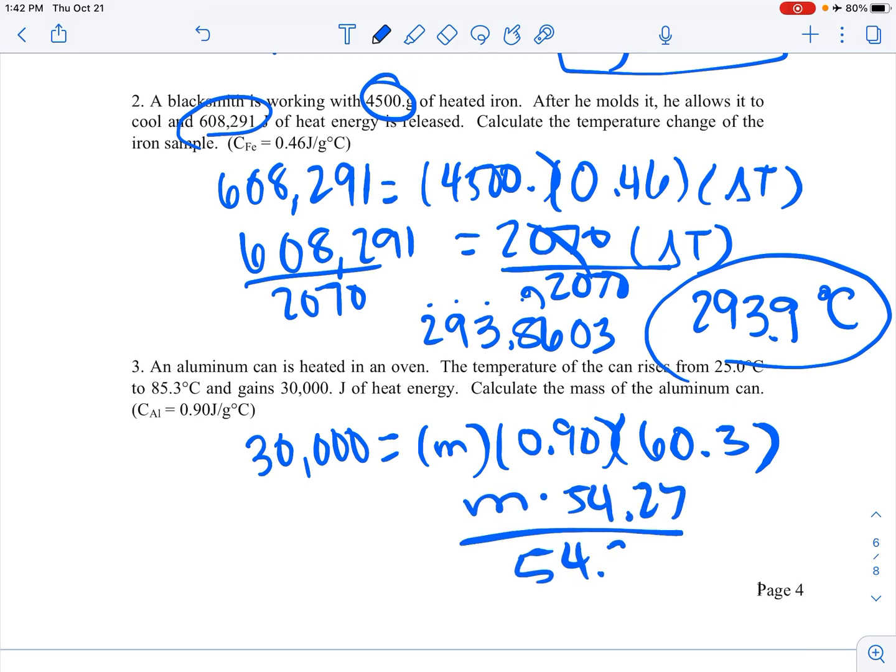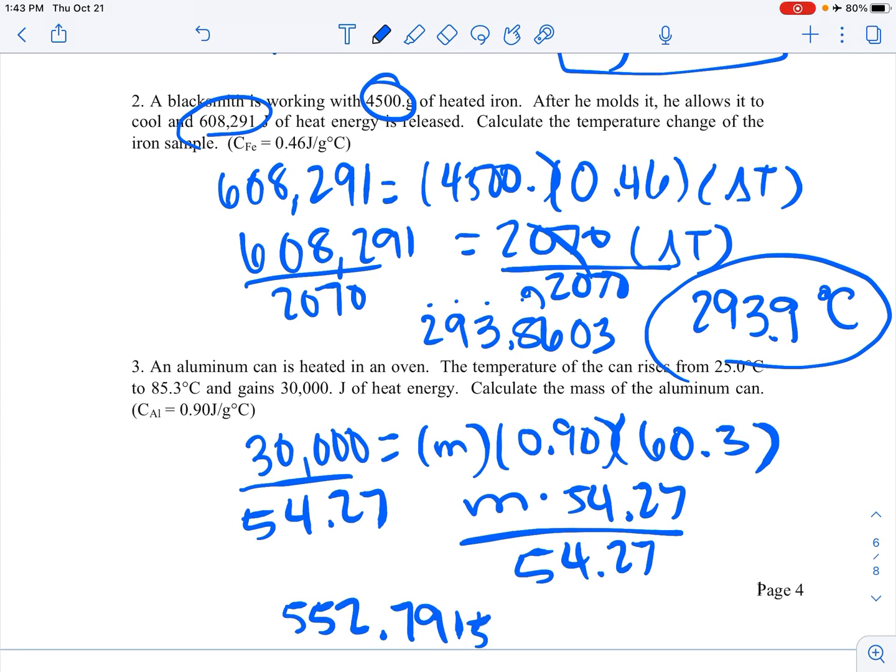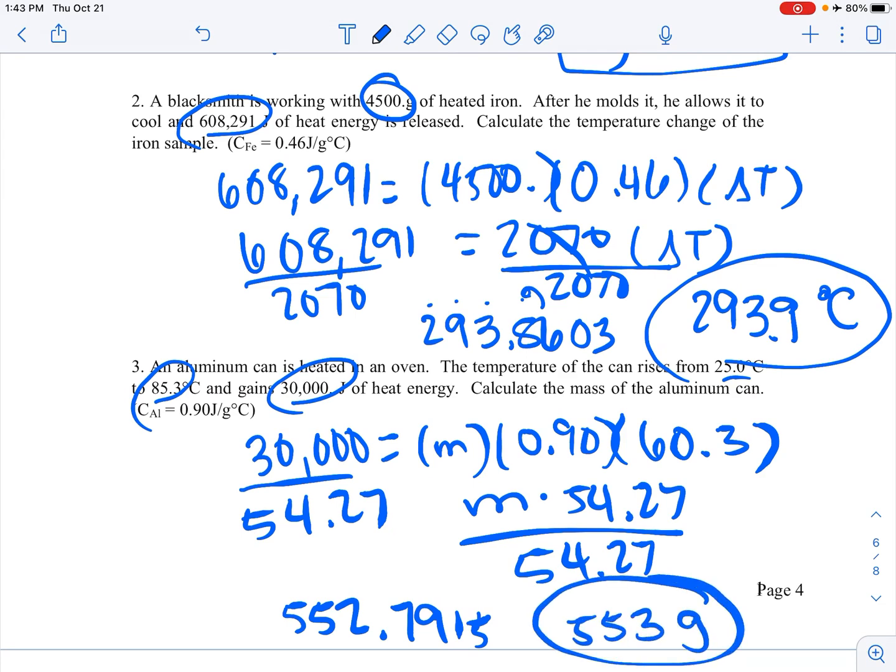Divide both sides by 54.27. 30,000 divided by 54.27. I typed the wrong number. 552.7915, blah, blah, blah. So that is 5 sig figs, 3 sig figs, 3 sig figs here. 3 sig figs would be 553 grams.